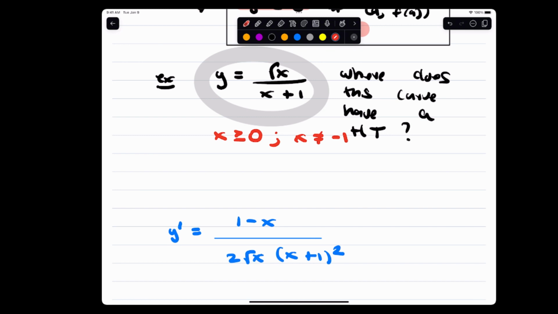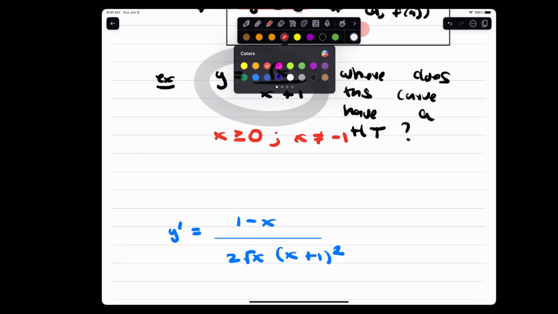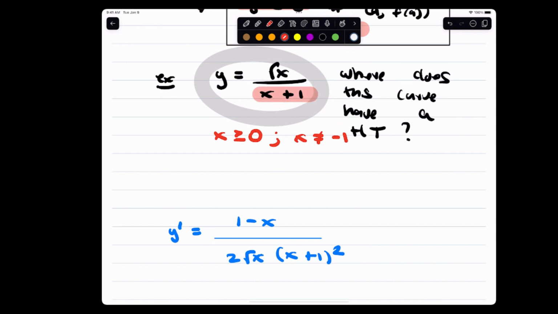Let's go back and double check here. The denominator, x plus 1, can never be 0, which means if I solve for x, x cannot be negative 1. But the numerator has to be positive or 0.